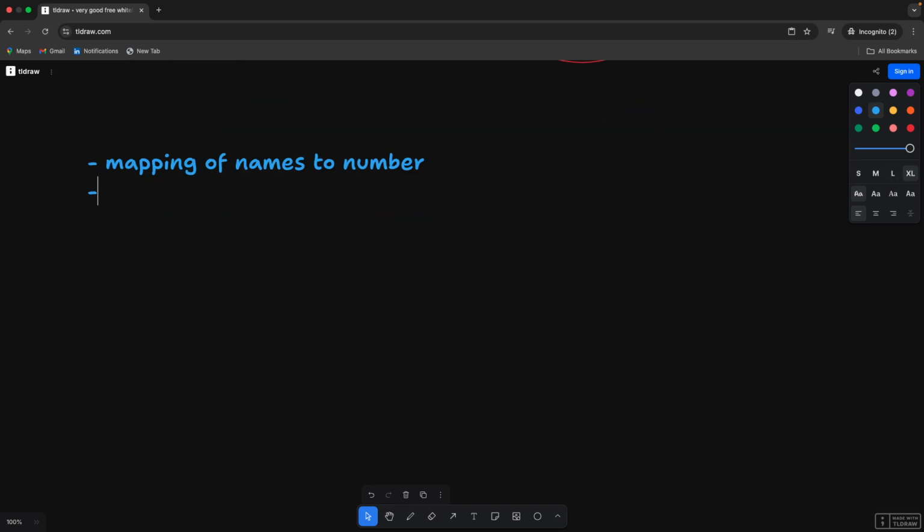The next thing I'm trying to understand is, these names have to be unique, and there is a specific format of writing these names.